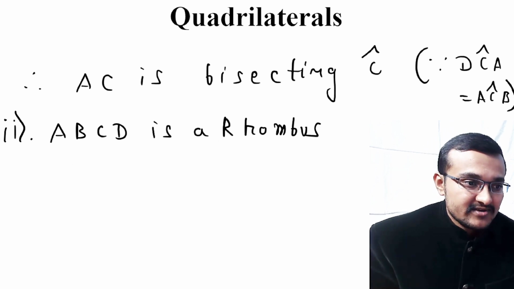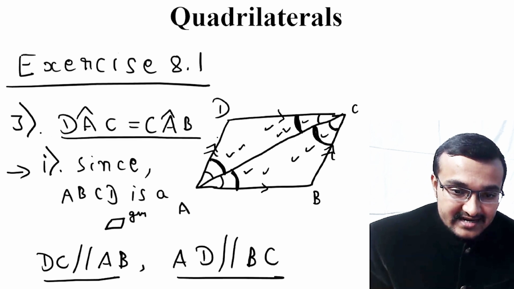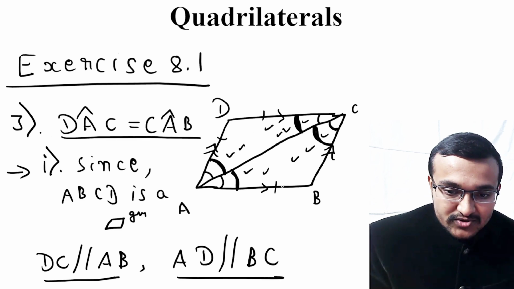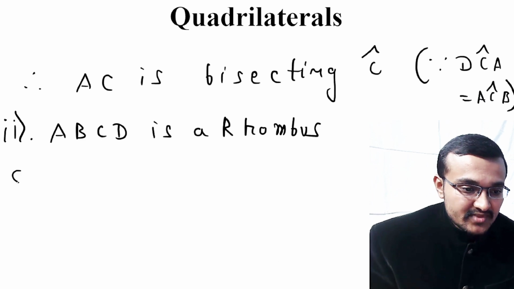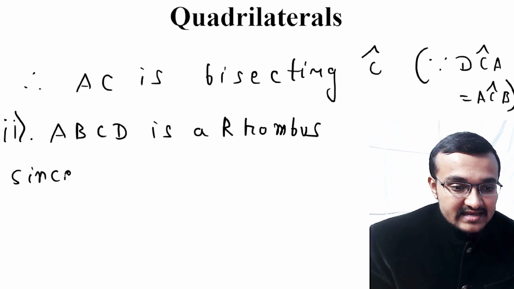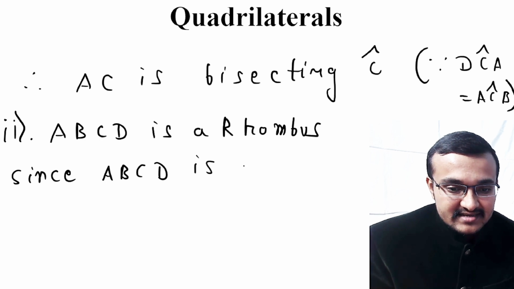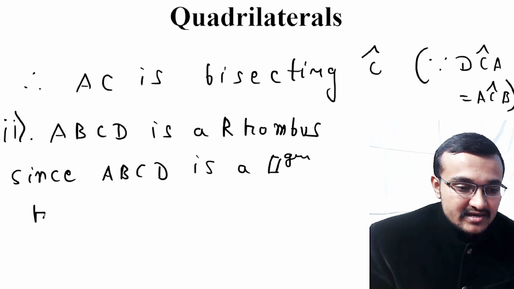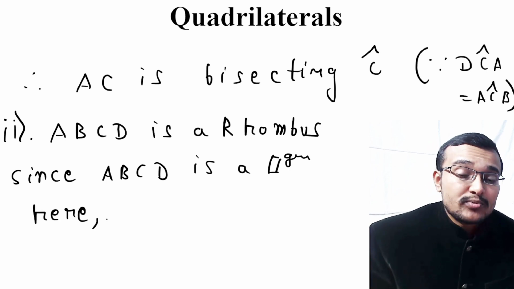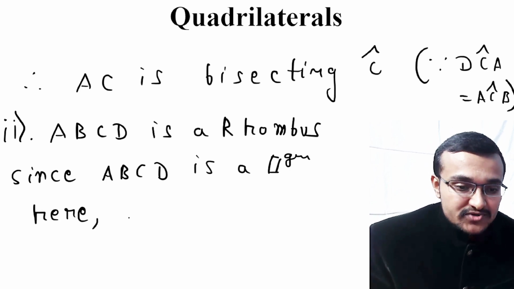So in order to prove that, we need to prove AD is equal to DC is equal to AB, which is equal to BC. Since ABCD is a parallelogram, in a parallelogram opposite sides will always be equal to each other.